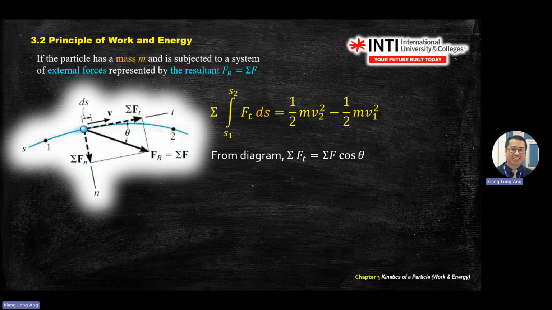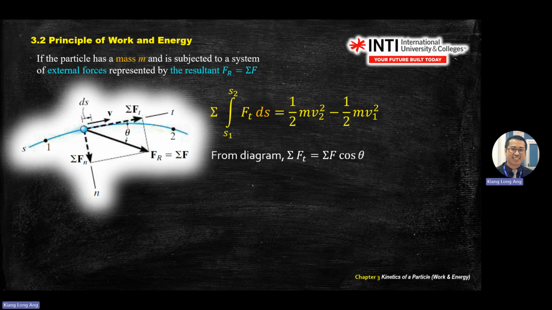You know that curvilinear motion has two components, right? Normal and tangent. Why are we not interested in normal when we analyze for work? Why 0? Because it's perpendicular.